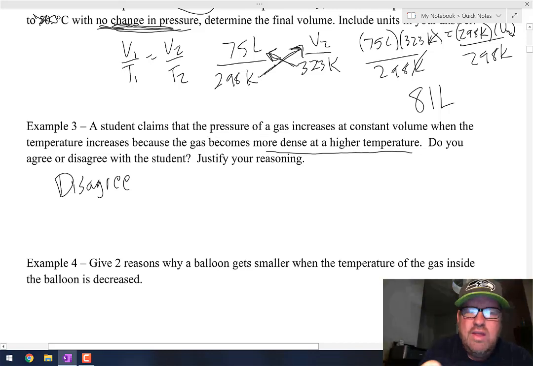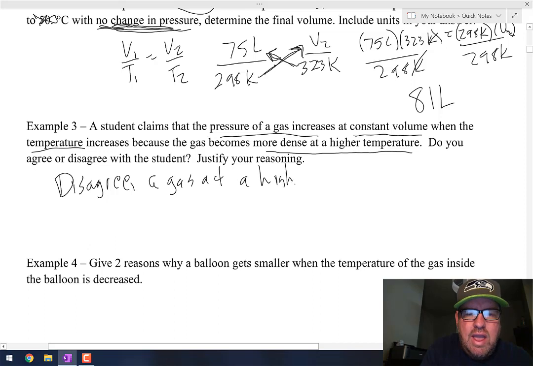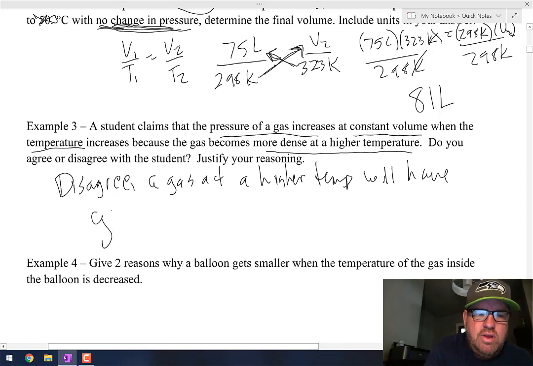Why is it that the pressure of a gas, when the volume's constant, goes up when the temperature increases? I'm going to disagree because a gas at a higher temp will have greater, what's the first thing we said?